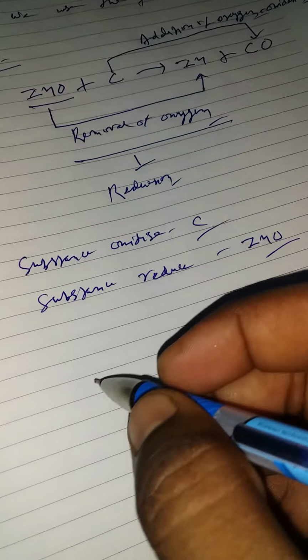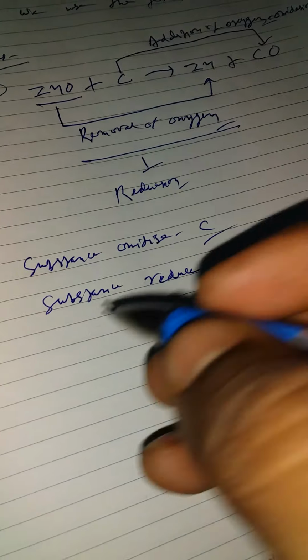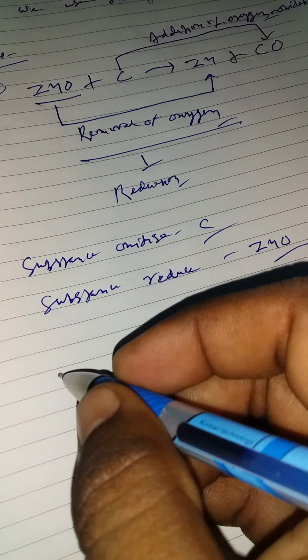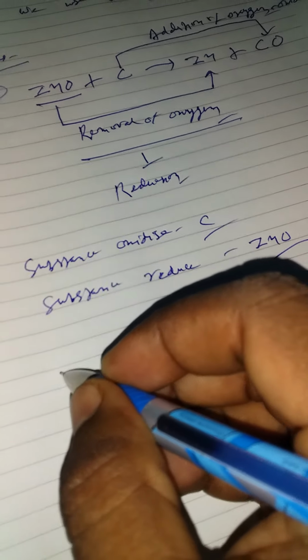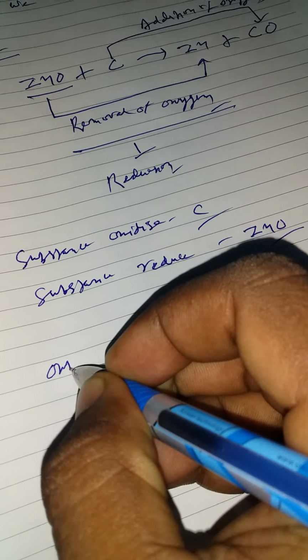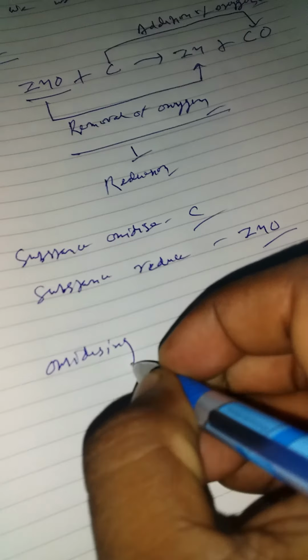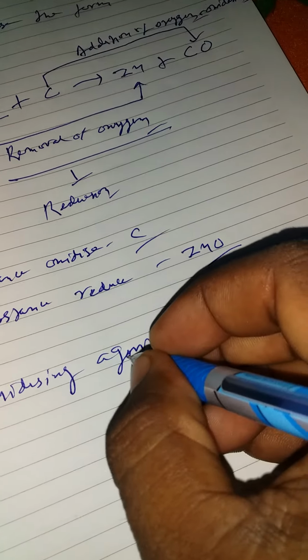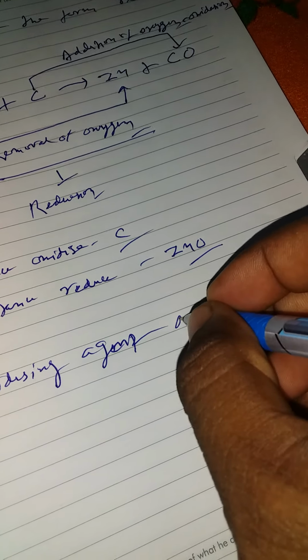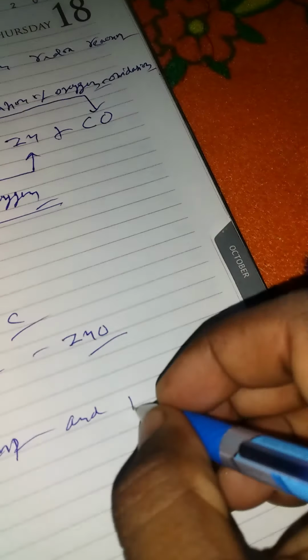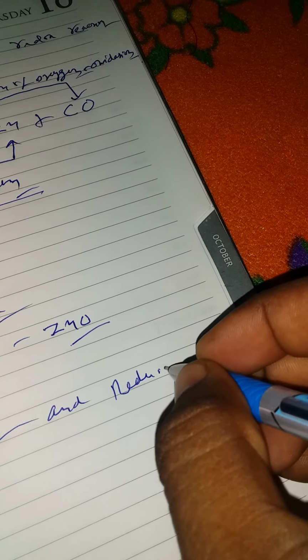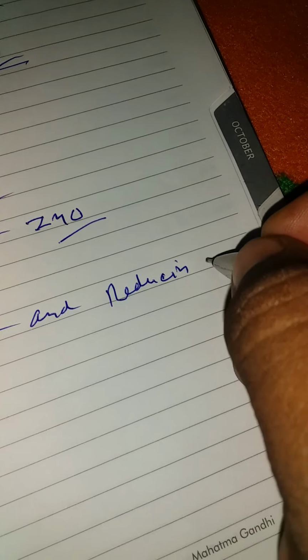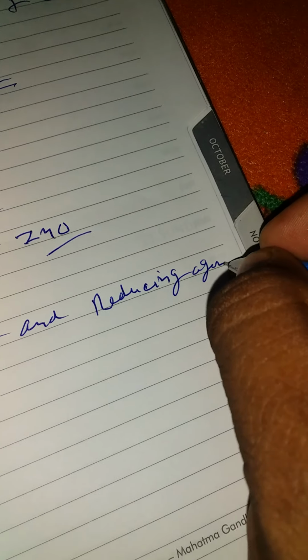Then we use two terms: oxidizing agent and reducing agent.